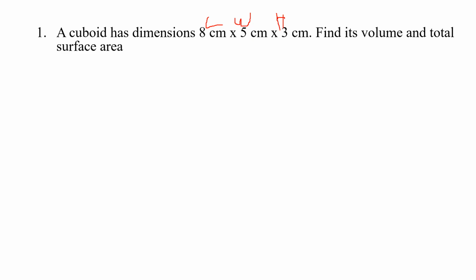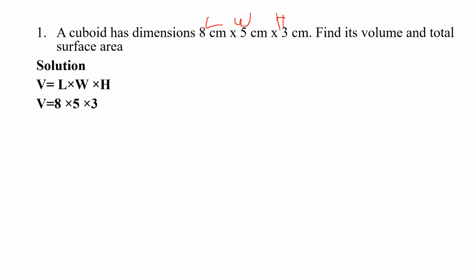So we ask ourselves, how do I find the volume for a cuboid? It is length times width times height. And do I have length? Yes. The length here is 8 centimeters, the width is 5 centimeters, and the height is 3 centimeters.